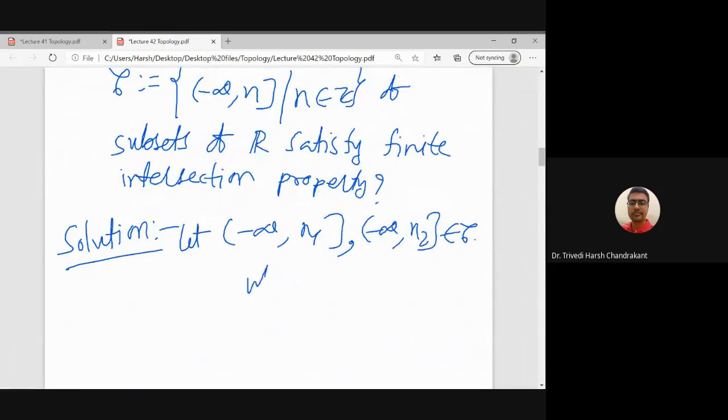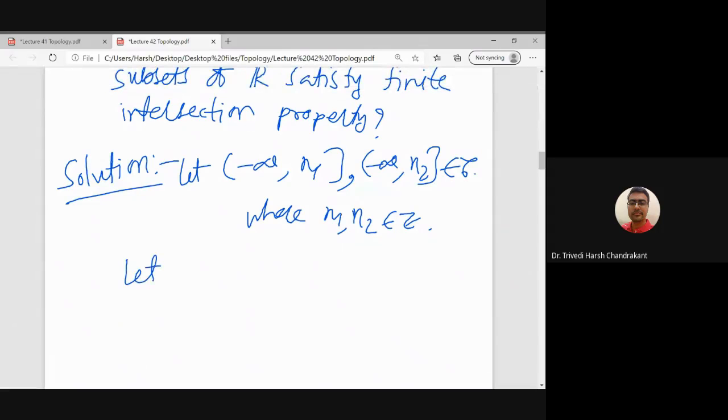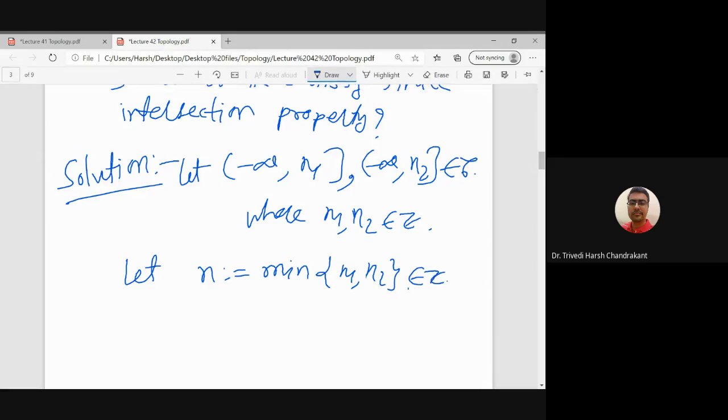That means n1 and n2 are integers. Since n1 and n2 are integers, we can always find the maximum and the minimum. So let n be the minimum of n1 and n2, so it is also an integer.